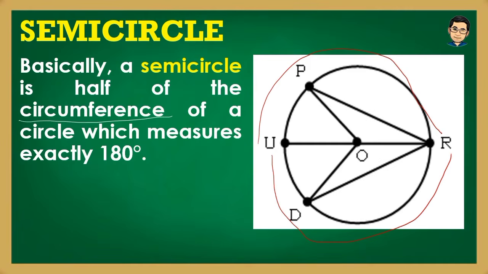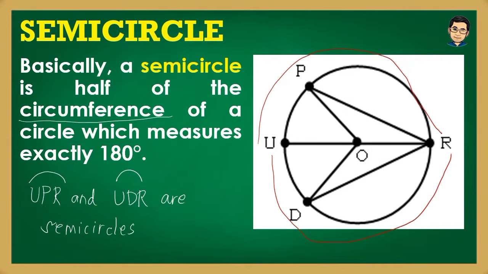So, ano yung symbol na ginagamit natin sa semicircle? Pag ninename natin, of course, yung symbol for arc. So, arc UPR, and arc UDR, are semicircles. UPR or RPU, pareho lang. UDR or RDU, pareho lang din.